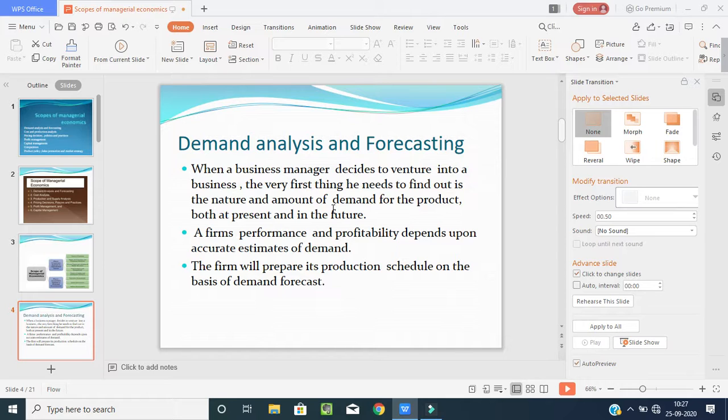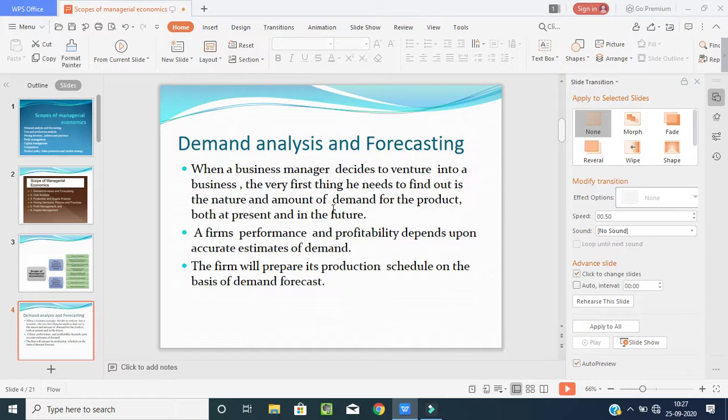Now, a firm's performance and profitability depend upon accurate estimation of demand. That means any organization's performance, when it started and how long it has been in the market and how much profit it is earning, that means the income it is generating, depends upon accurate estimation of demand.